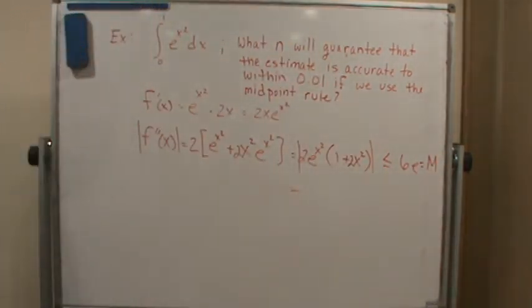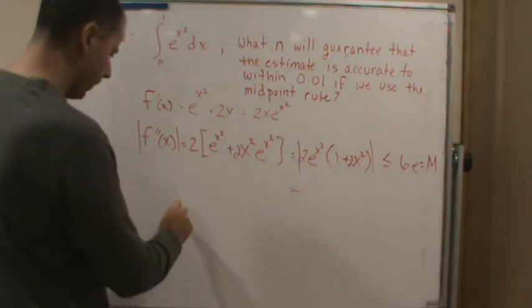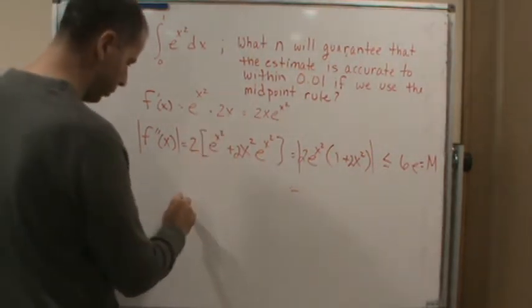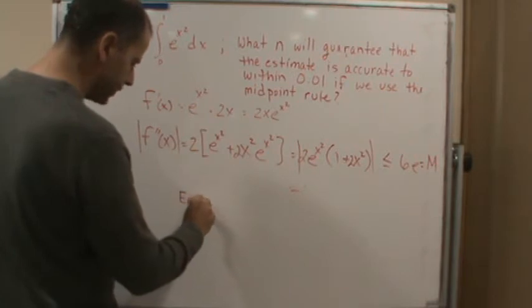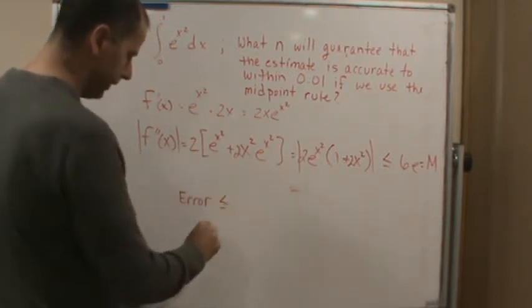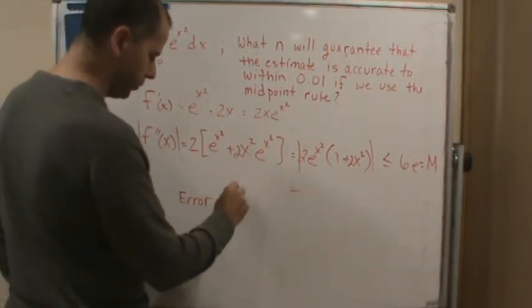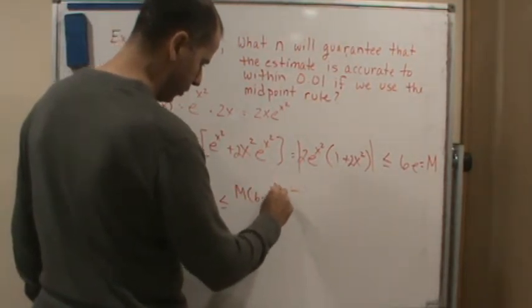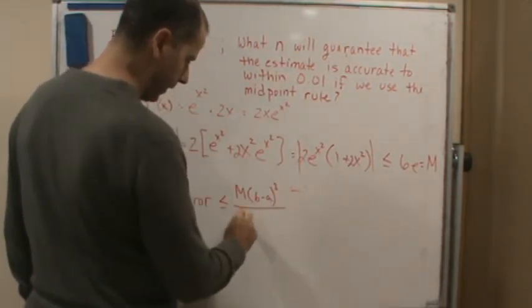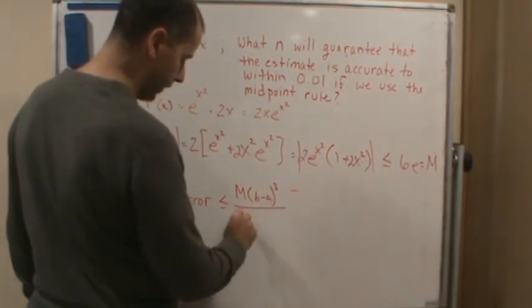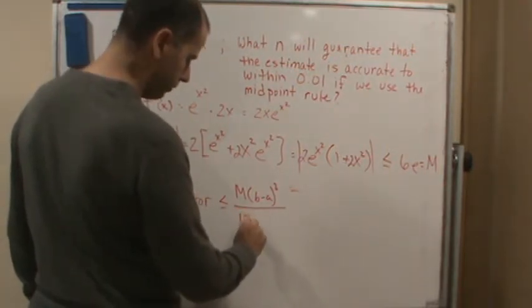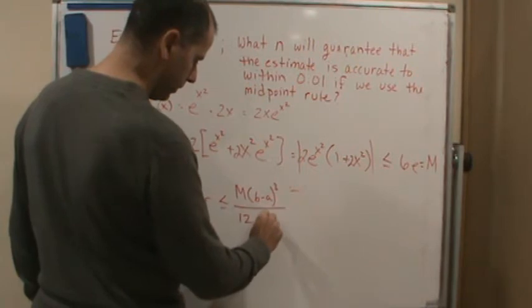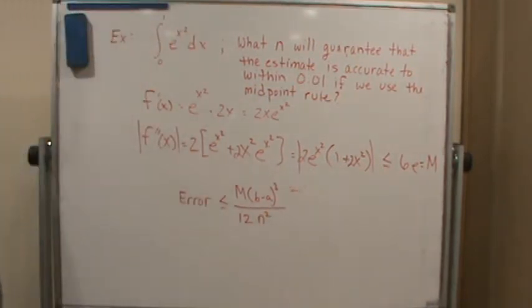Now we know that because we're using the midpoint rule, the maximum error has to be less than or equal to M times (b minus a) cubed divided by 12n squared.